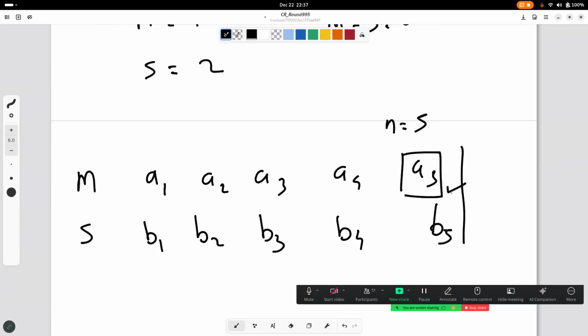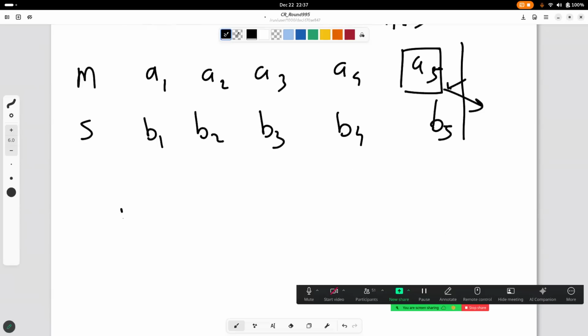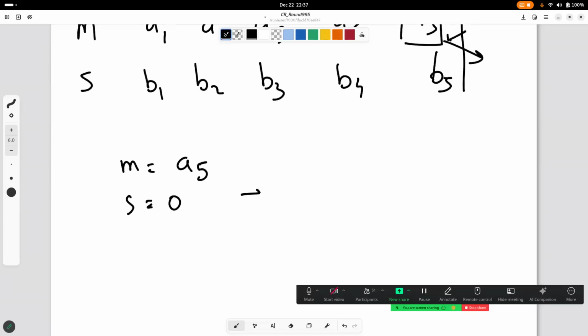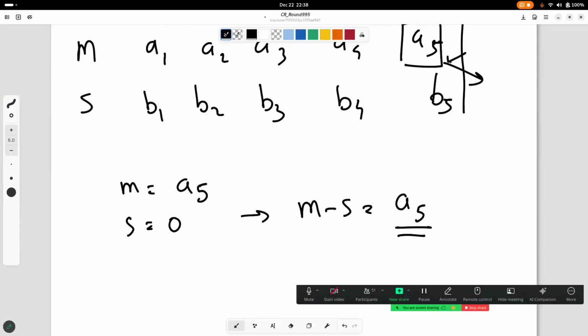There's no corresponding problem to the problem on the last day. So M is going to solve this problem A5, and S is 0. So right now the difference M minus S is equal to A of 5, that is basically A of n, the last value of A.